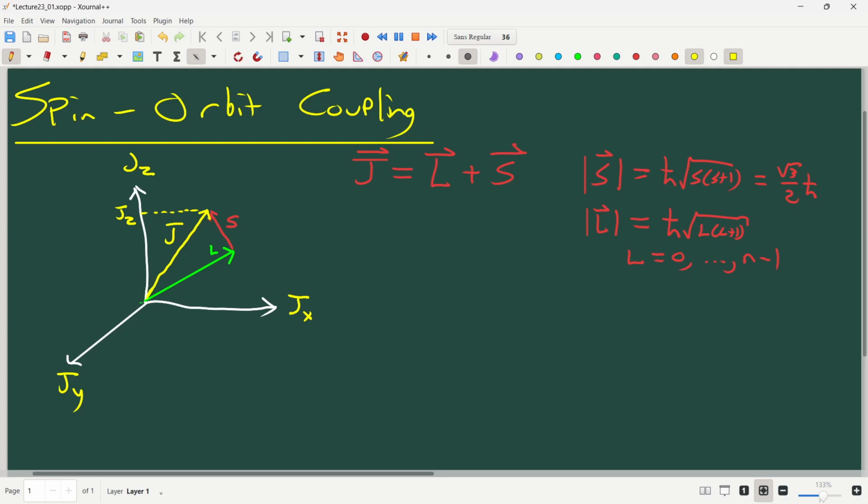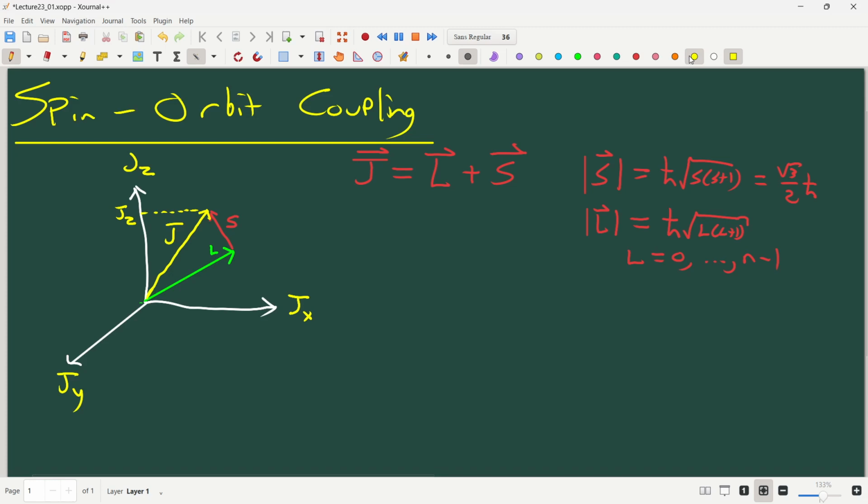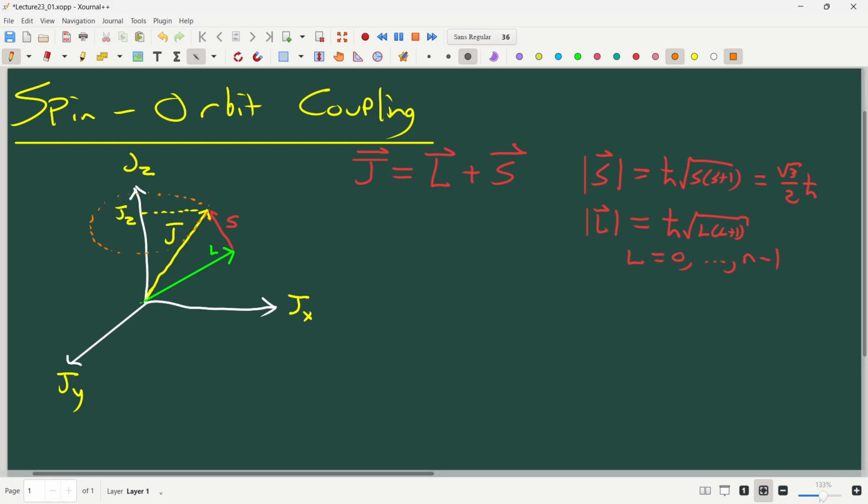But we don't know anything about its position along X and Y. So in fact, the way that we typically draw these vectors is not as a vector, but as a cone on the xy plane. So we could, for instance, draw this vector J, which actually subtends a cone around the xy plane, and it can be along any of these directions.